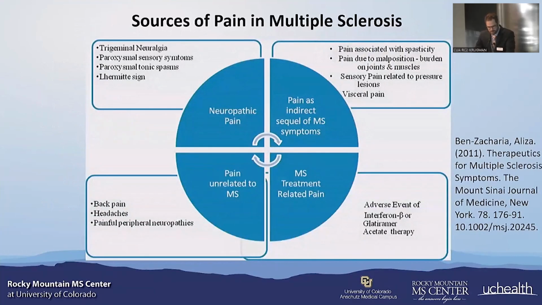And this is a handy diagram that I borrowed from a former colleague. You can see here in the upper left-hand corner, this is what we think of as nerve pain or neuropathic pain that are common in MS, such as trigeminal neuralgia, paroxysmal sensory symptoms or tonic spasms, or Lhermitte sign, which is that phenomenon where you flex your neck forward and there's an electrical sensation that shoots down the spinal cord.